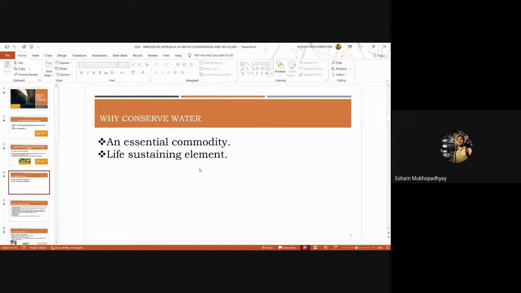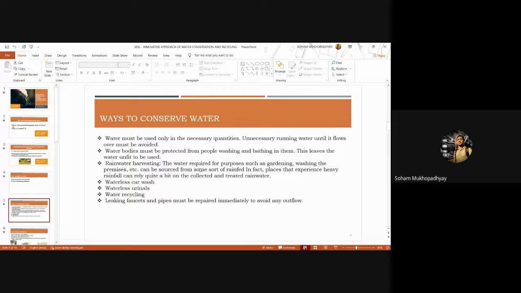A variety of methods of water harvesting are available here.